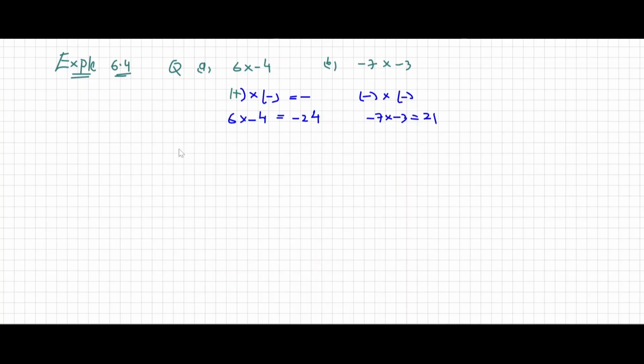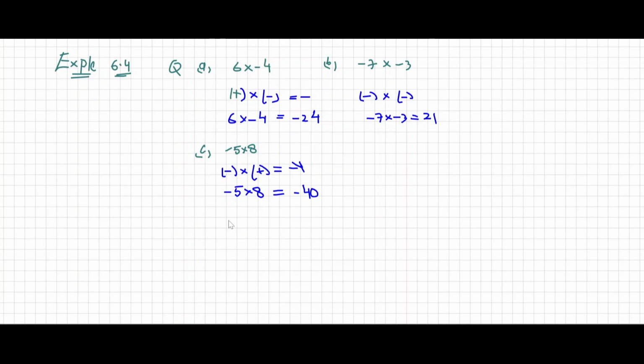So part C, what part C says, it's minus 5 into 8. So here it's like a negative number multiplying with a positive number. It will give you a negative number. So it becomes minus 40.